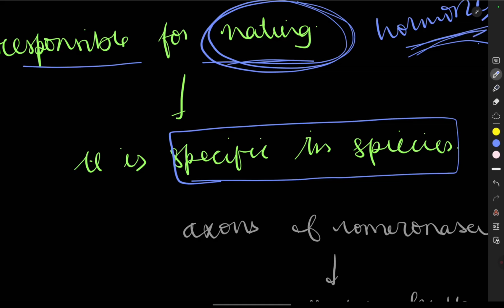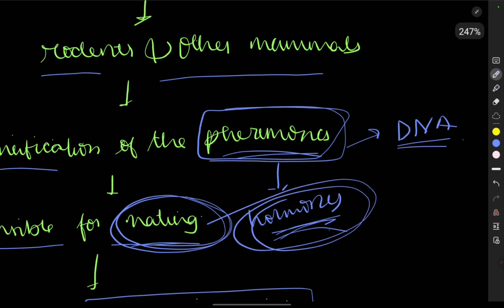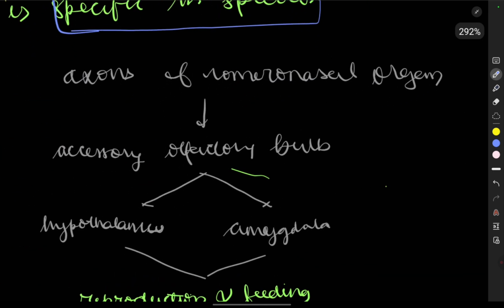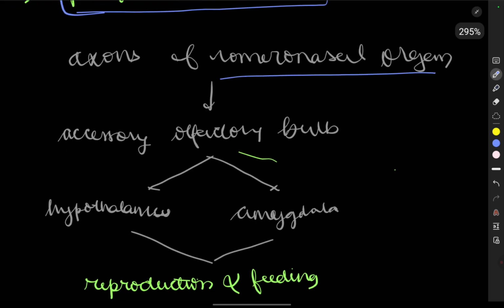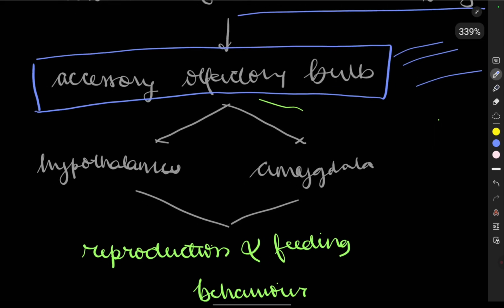Rodent species will have specific types of pheromones, and humans will have specific types of pheromones, and they are directly from your DNA. They are hormone-like substances. Now the axons of the vomeronasal organ go to the accessory olfactory bulb. We will study the olfactory bulb, olfactory epithelium, olfactory glomeruli and different things.